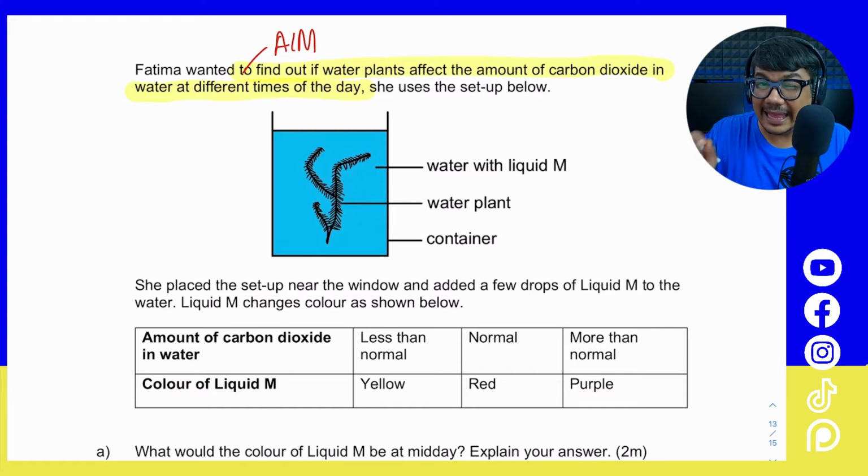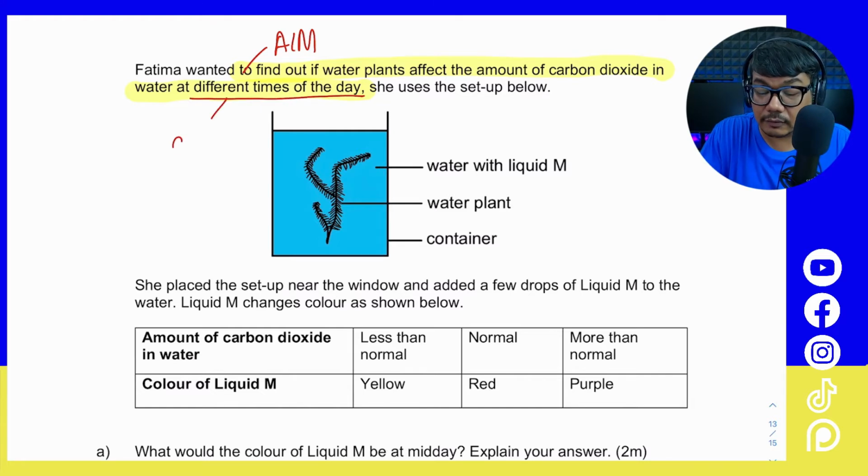And in the aim of your experiment, you would be able to identify the changed variable. In this case, the changed variable is different times of the day.